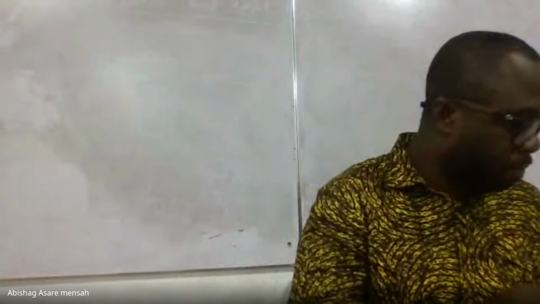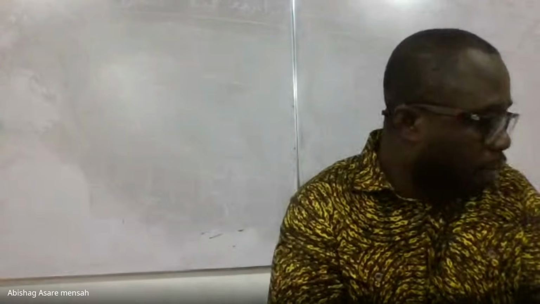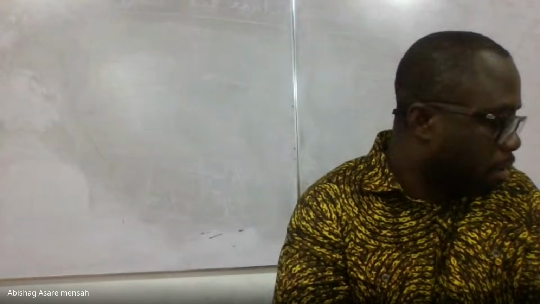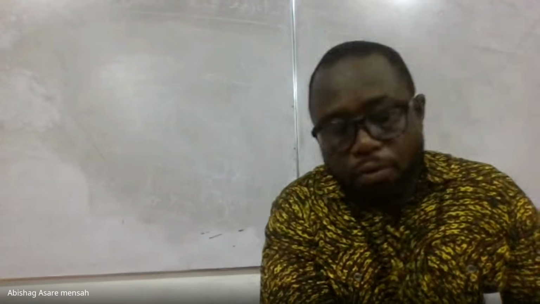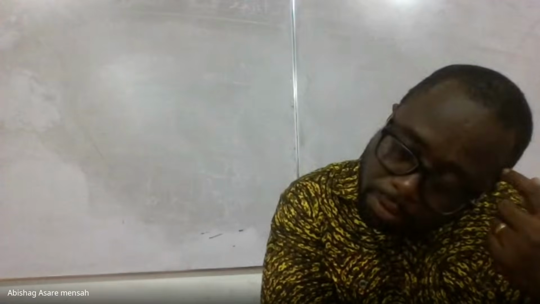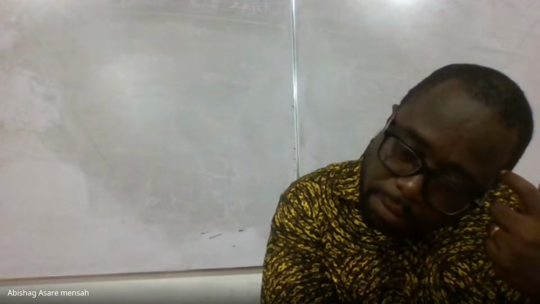Now we are moving on to another subheading. We want to find the continuity of a function of two variables. We want to see which part of the function is continuing at a particular point.